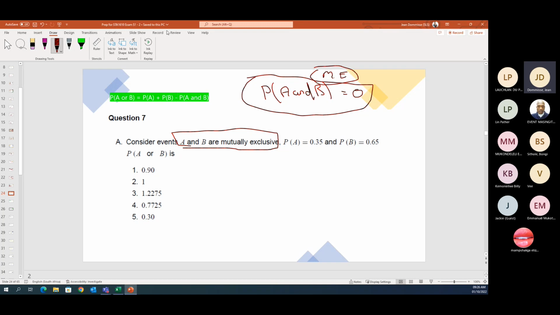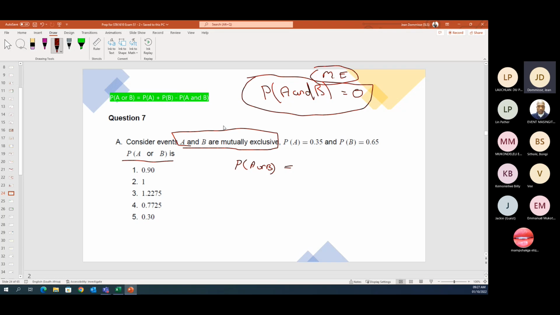So I included just the OR rule. It is on your formulas sheet as well, which I will still give you. The probability of the OR is what we need to calculate, because they ask us to work that out.